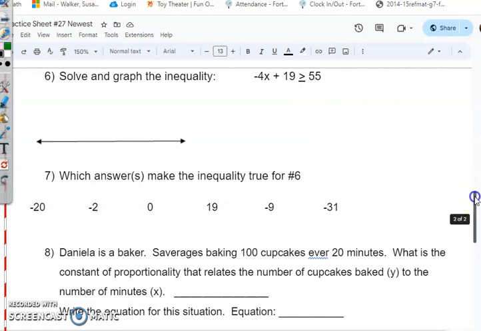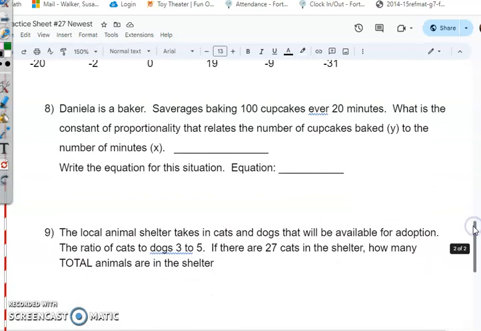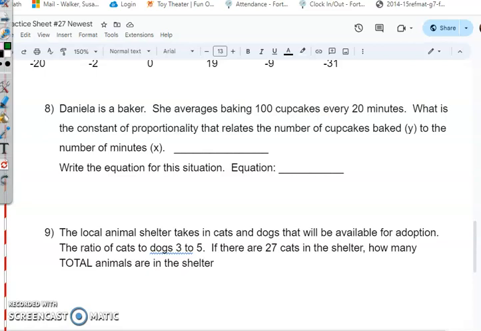Okay, number 8 says, Daniela is a baker. Sorry, I saw a big old typo in there. Daniela is a baker. She averages baking 100 cupcakes every 20 minutes. Okay?